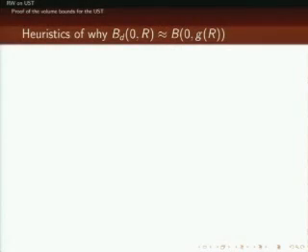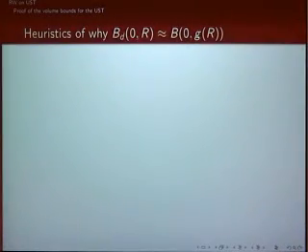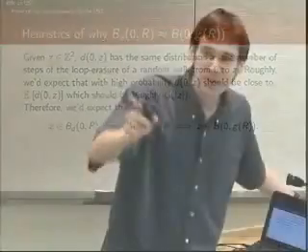Okay, so let me give you some heuristics of why you would expect this B_D(0,R) to be roughly like the Euclidean ball of radius little g of r. And this is very rough, and don't interrupt me because I know this argument is flawed. But hopefully some of you might see why. Here's a very rough idea why you might expect this to be true.